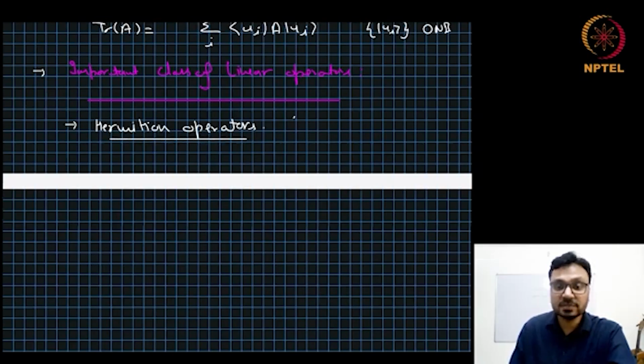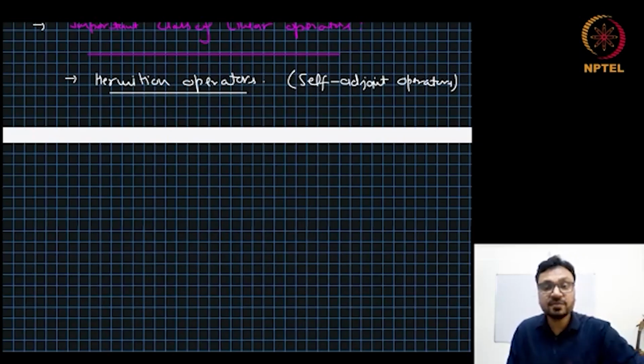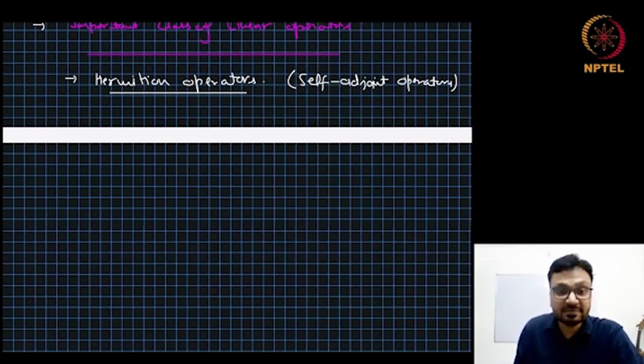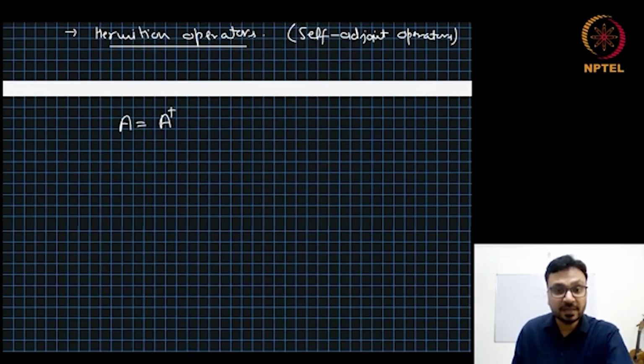They have another name, which is self-adjoint. As is evident from the name, if a given operator A is equal to its adjoint, then it is self-adjoint and it is a Hermitian operator.